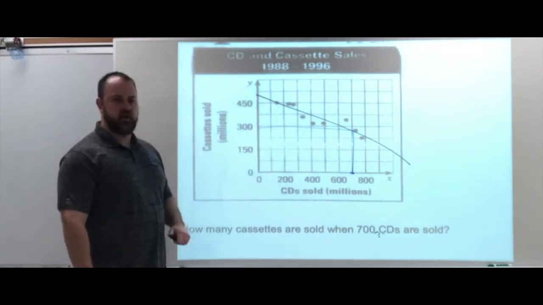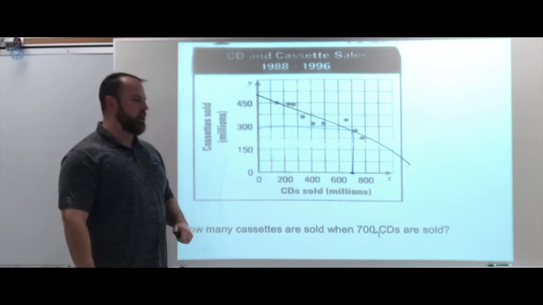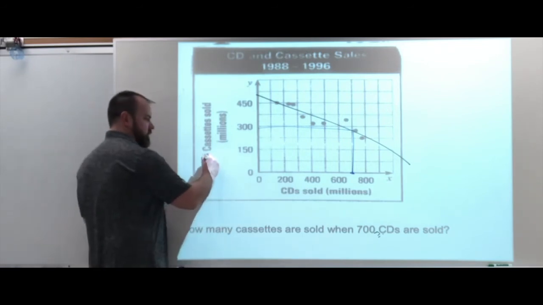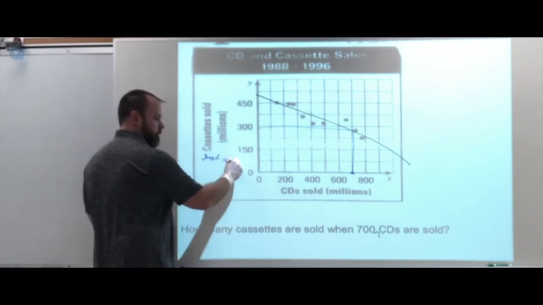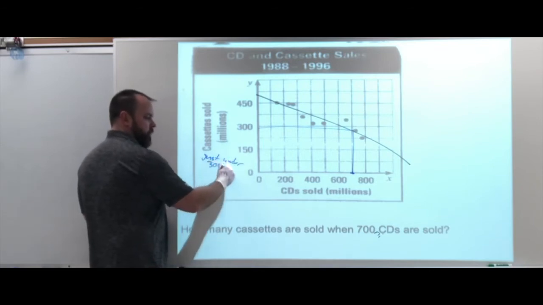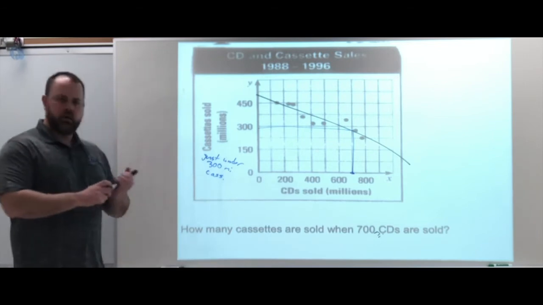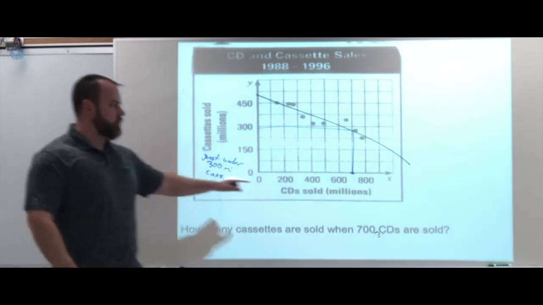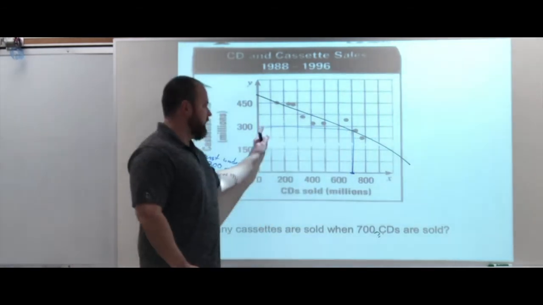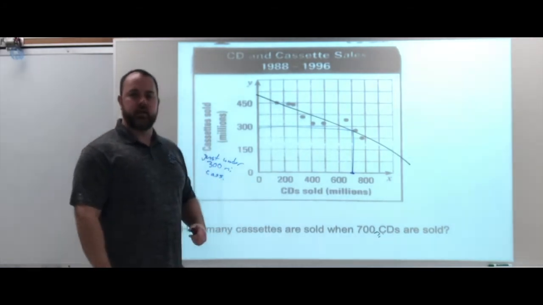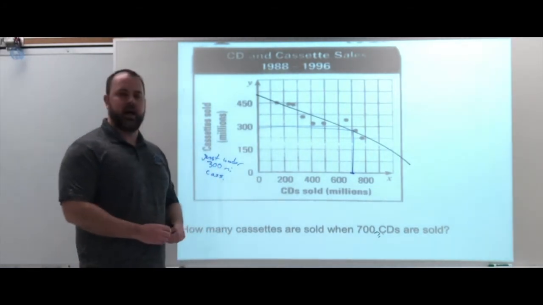Now this is just under 300 million cassettes, so that's what I'm going to say, just under 300 million cassettes. Again, language of estimation, and I'm showing my lines up and over to show how I'm coming up with my estimate.